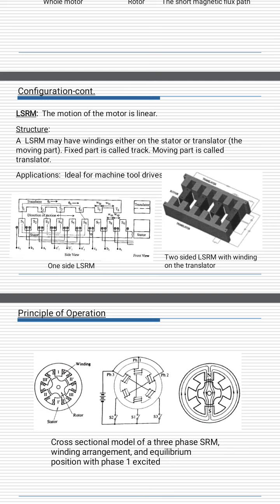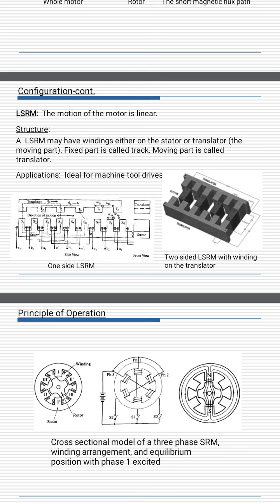Now LSRM, the motion of the motor is linear in structure. An LSRM may have winding either on the stator or translator. The fixed part is called the track and the moving part is called the translator. Application: ideal for machine tool drives. Now we can see in this figure, one-side LSRM.